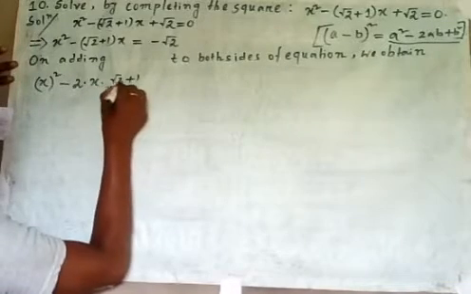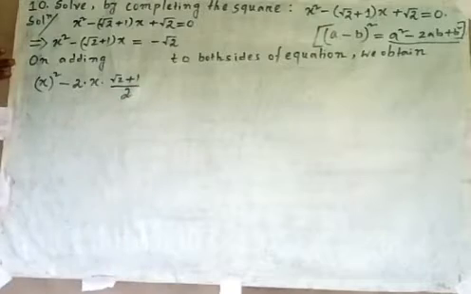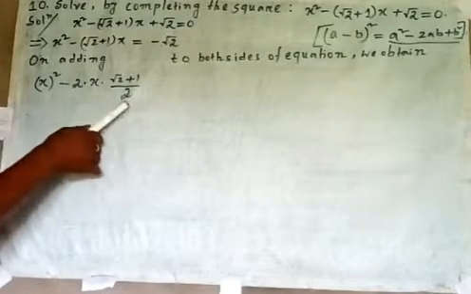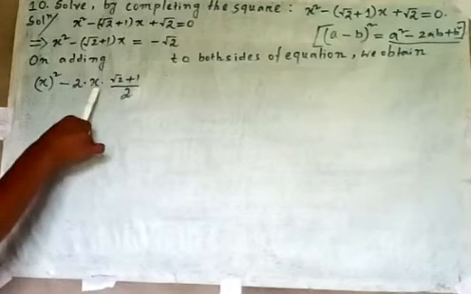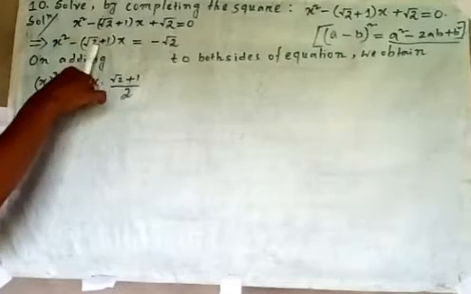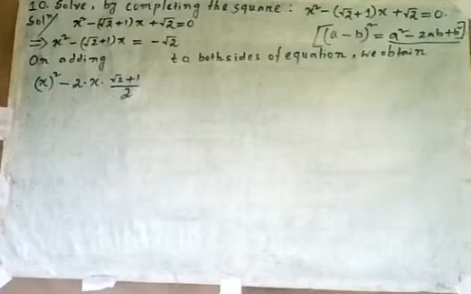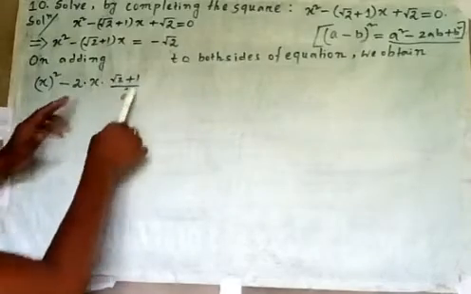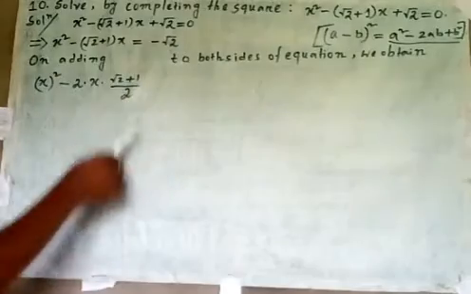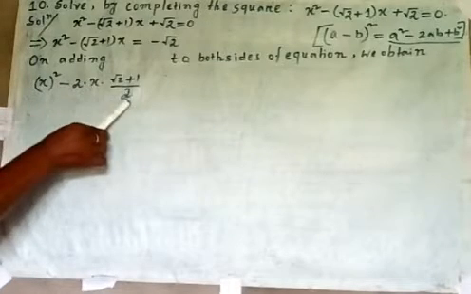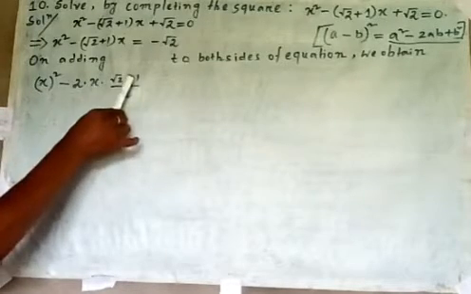So we will divide by 2 here, then this 2 and this 2, numerator and denominator, will cancel. So what will remain? X into (root 2 plus 1). It means this and this are the same. So we have considered b as (root 2 plus 1) by 2. A square minus 2ab, where a means x and b means (root 2 plus 1) by 2.